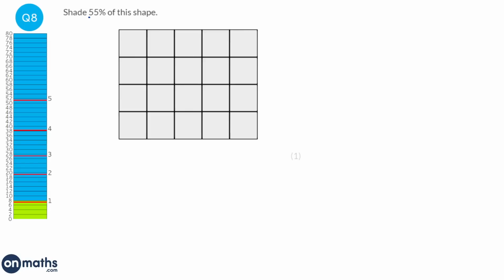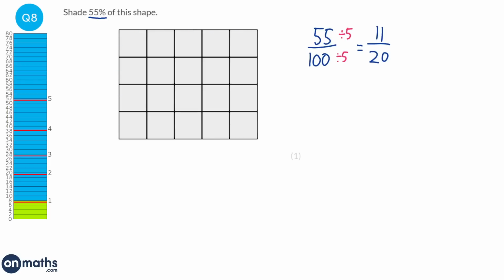So 55% is the same as 55 over 100. And what I can do is I can divide the top and bottom of the fraction by 5. And so that is going to equal 11 over 20. Now in total there are 20 squares here because there's 5 across and 4 down. 5 times 4 is 20.